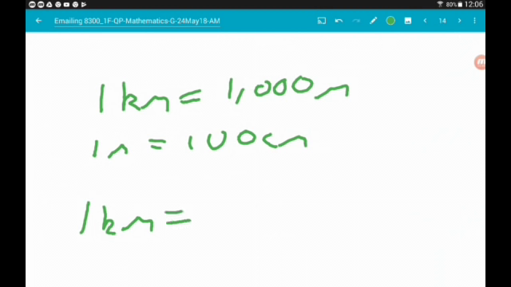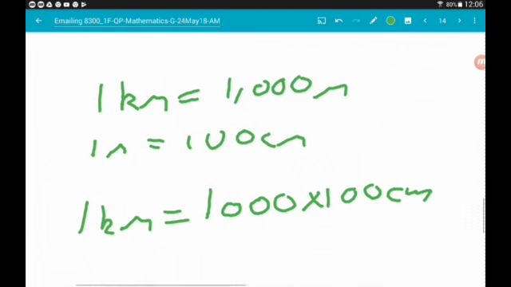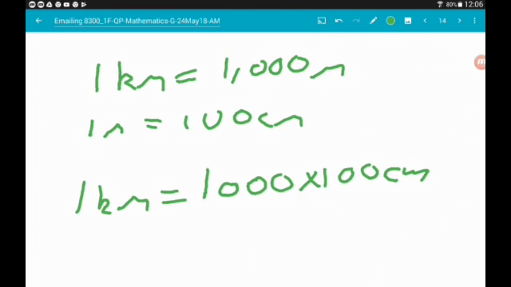is the number of metres times 100. So it's 1,000 times 100 centimetres. So that is going to be 1 with 5 zeros after it.